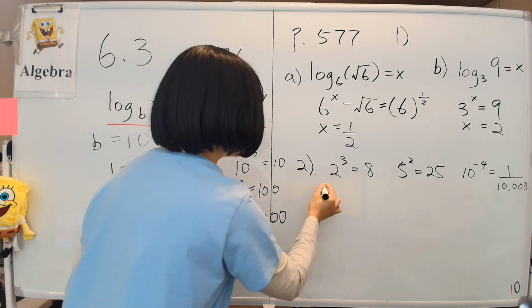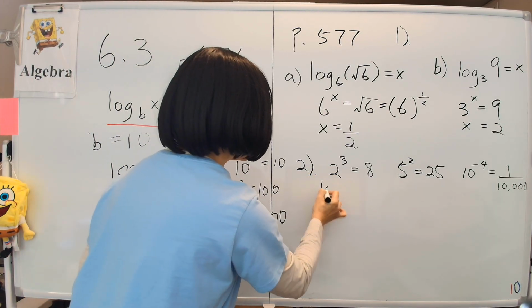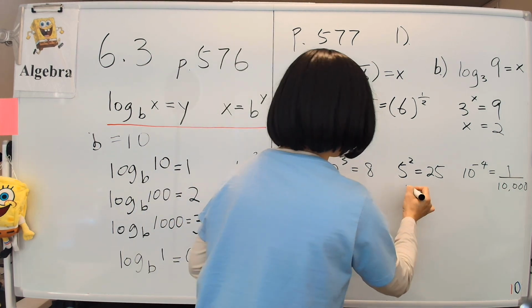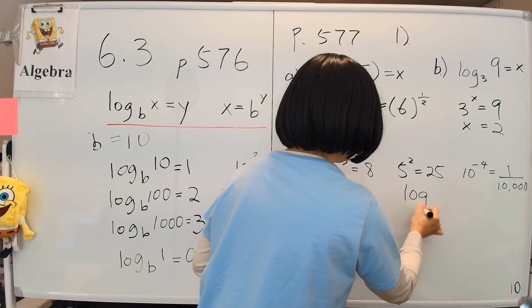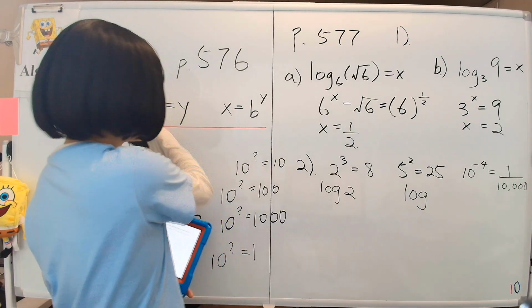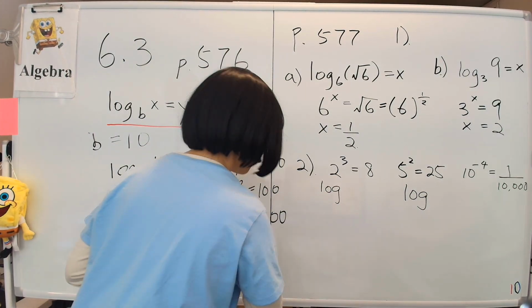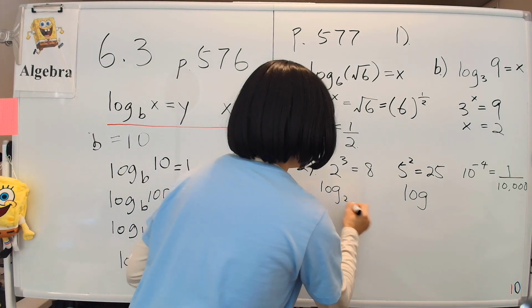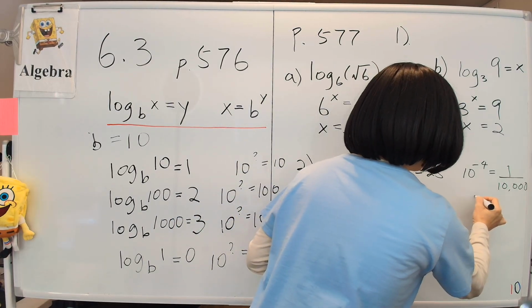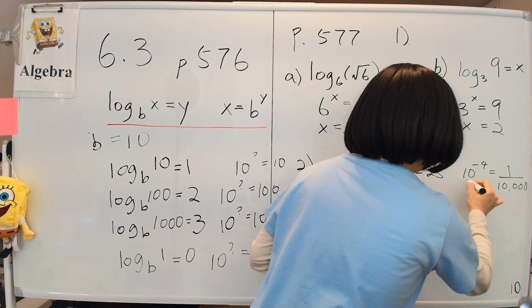So for part A, we'll write down log base 2, and this is log base 5, and the last one is log base 10. The b has to be written on the bottom.